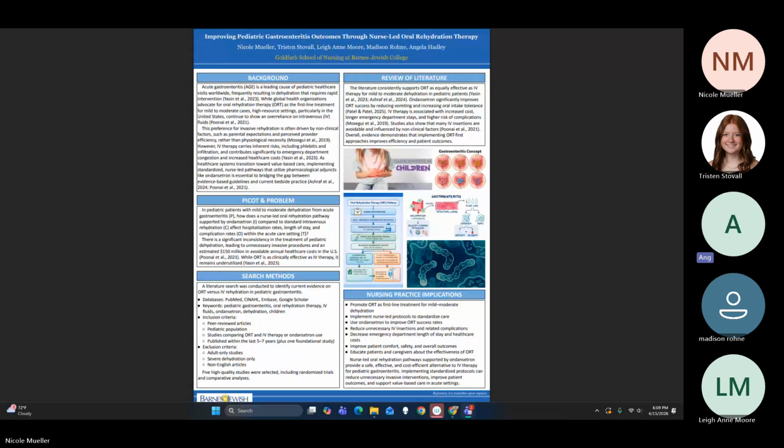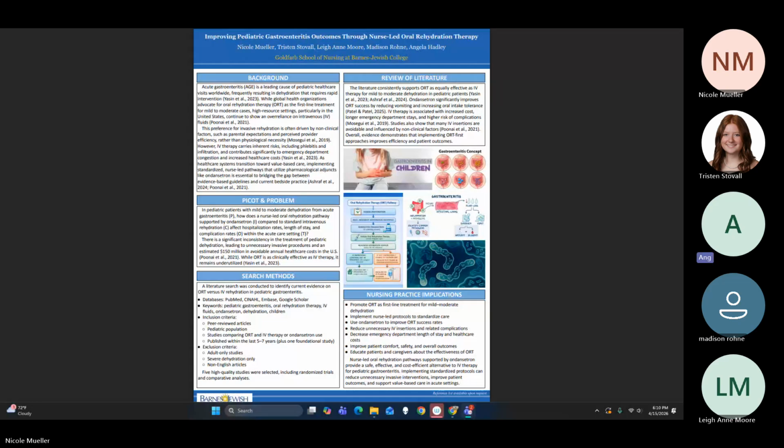Starting an IV can be difficult and distressing, especially in pediatric patients, and often requires multiple attempts. There are also specific clinical risks associated with IV therapy, including infection at the insertion site, phlebitis, which is inflammation of the vein, infiltration, or fluid leaking into surrounding tissue.